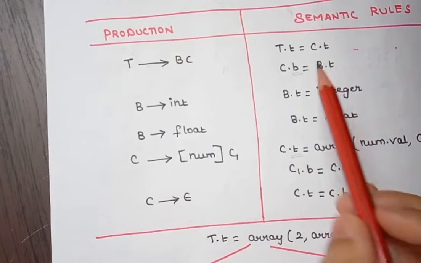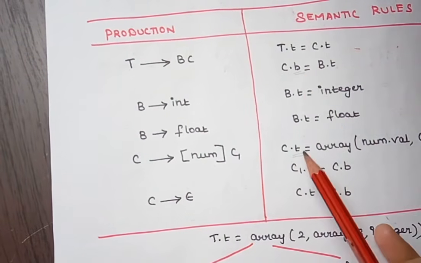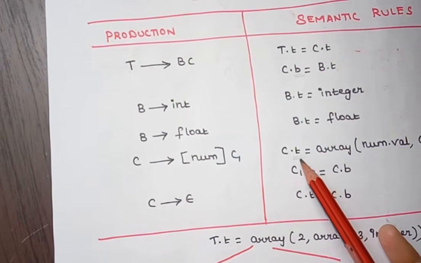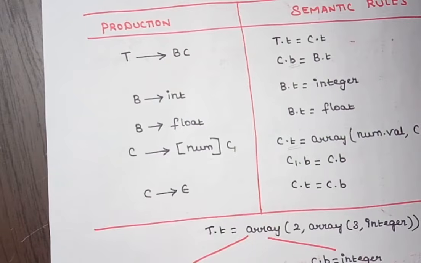So you can see here we have C dot b and C dot t, where b means inherited attribute and t represents the synthesized attribute. Here the inherited attribute b passes the basic type, and the synthesized attribute t can accumulate the results.